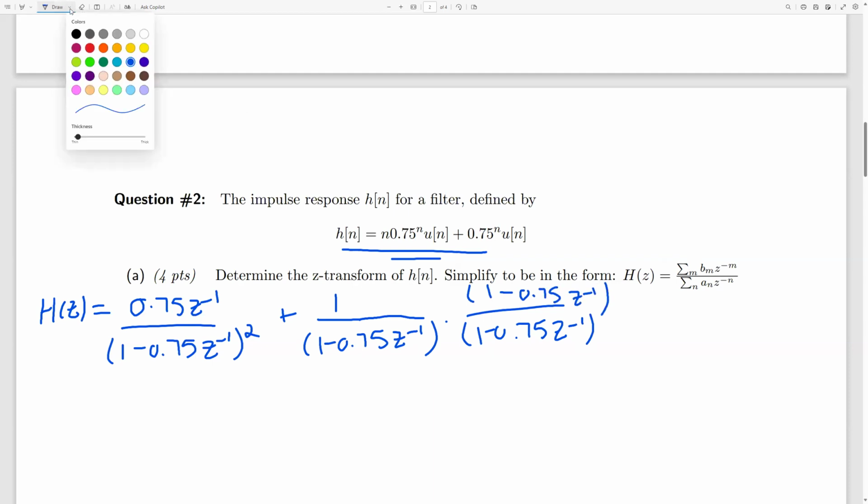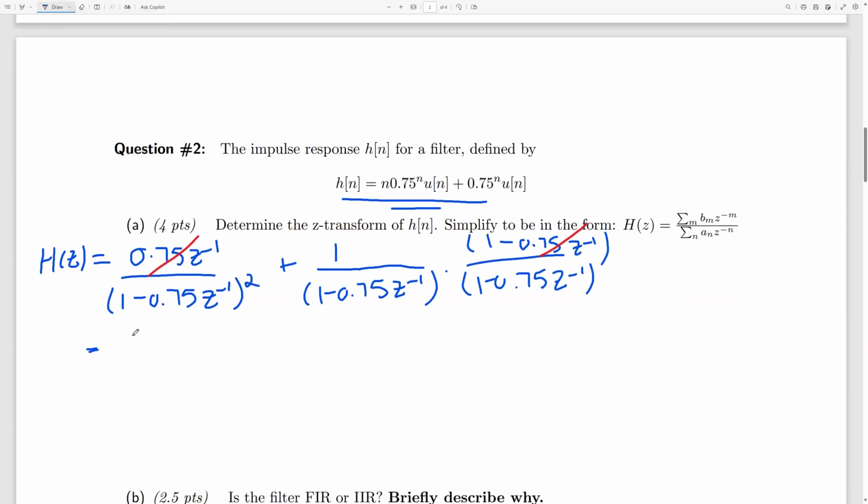What you'll see from this is that there's cancellation on this term and this term. So what you're going to get is 1 over the remaining term, 1 over (1 minus 0.75 z^-1) squared. And I still need each individual term on the denominator expanded out.